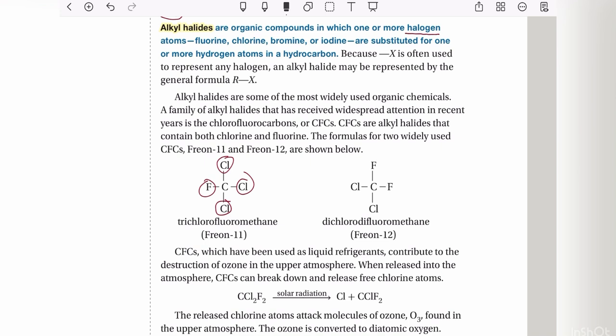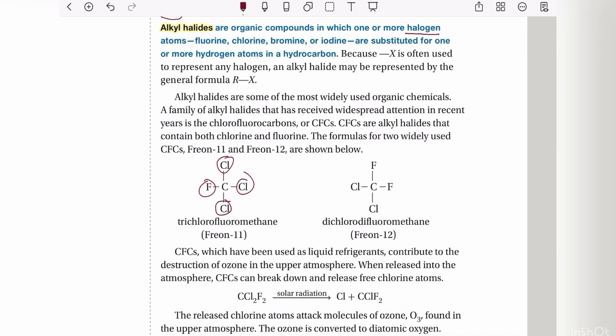A family of alkyl halides that has received widespread attention in recent years is the chlorofluorocarbons, or abbreviated CFCs. CFCs are alkyl halides that contain both chlorine and fluorine. The formulas for 2 widely used CFCs, Freon 11 and Freon 12, are shown below. So just to make it a little clear, we'll jump to the next sentence here.